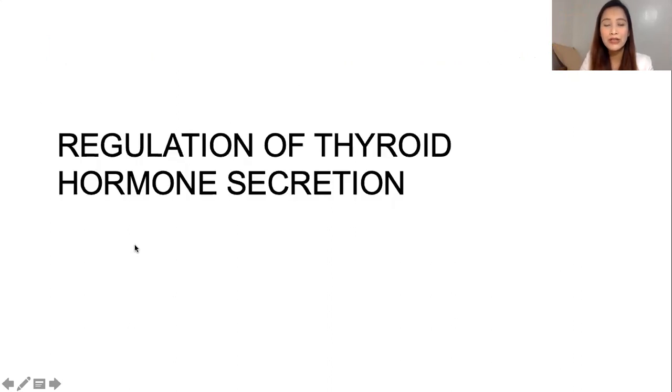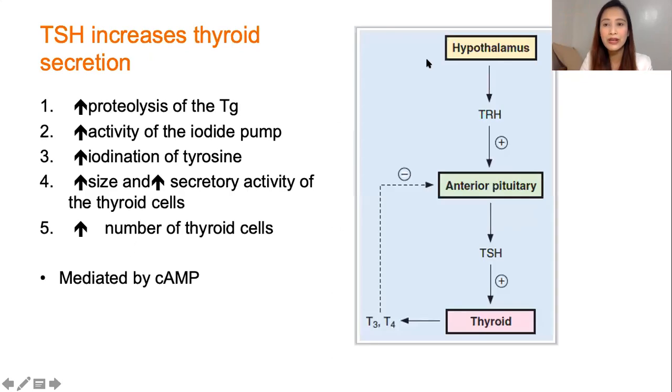So how is thyroid hormone secretion regulated? Remember, your master gland, your pituitary gland, is the one that really controls the rate of thyroid hormone production. So remember the hypothalamic pituitary axis. Here we discuss the hypothalamic pituitary thyroid axis. So how does this work?